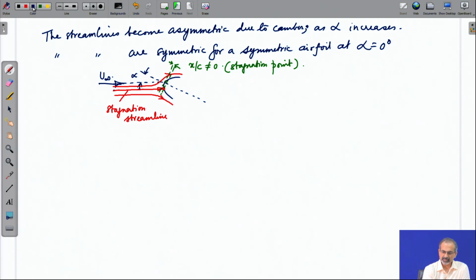Let us now discuss a bit about airfoil nomenclature.